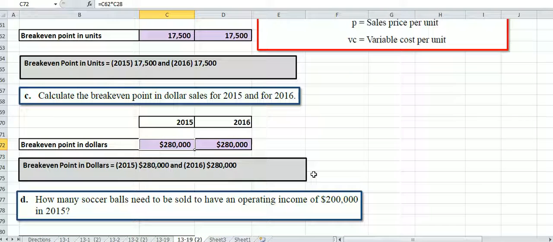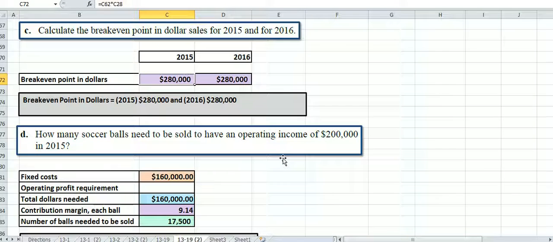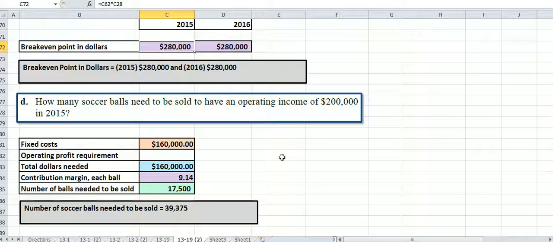Okay, so now we're going to look at how many soccer balls need to be sold to have an operating income of 200,000 in 2015. So we're going to put in our fixed cost here, and then our dollars needed here in order to cover our fixed cost.